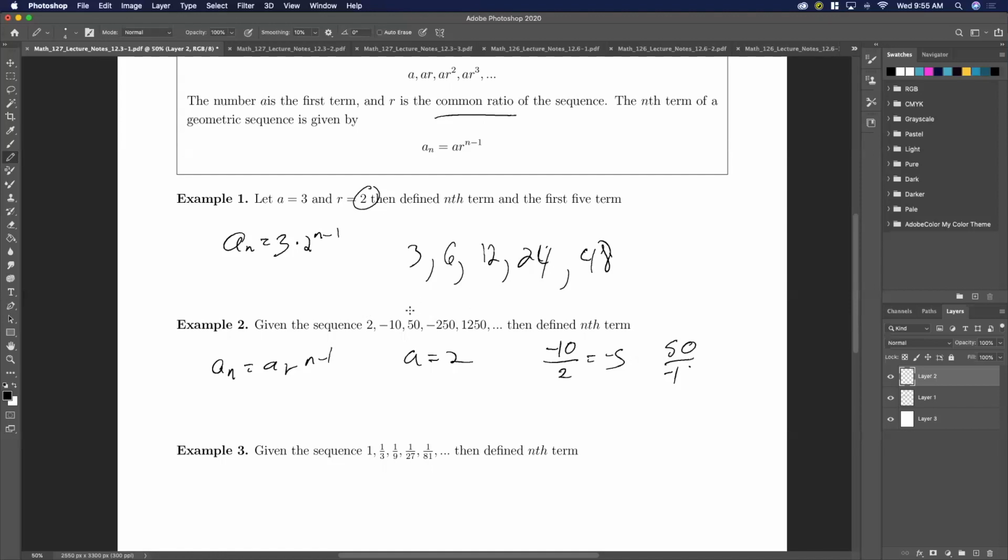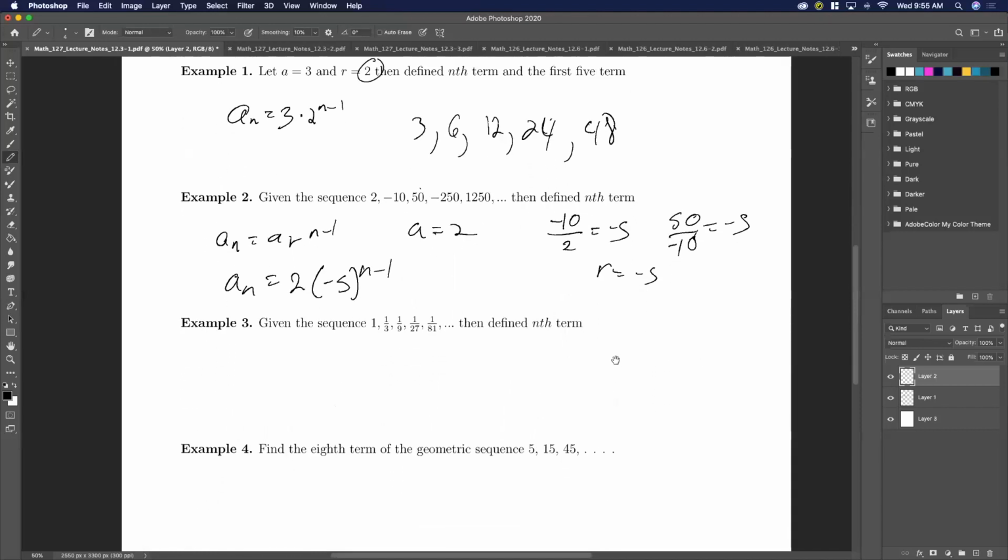To check it, you take the third term divided by the second term. We also get negative 5. So here we know r is equal to negative 5. So a_n is equal to 2 times negative 5 to the n minus 1.